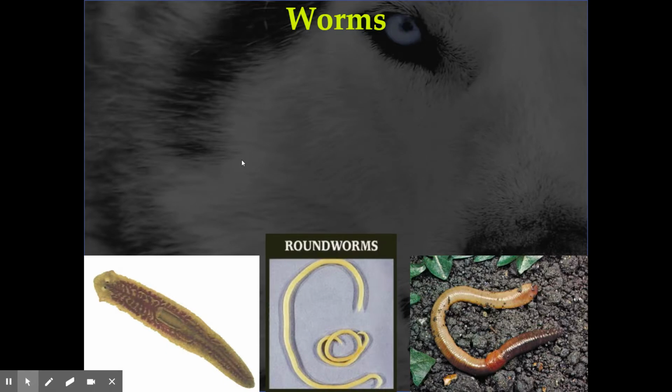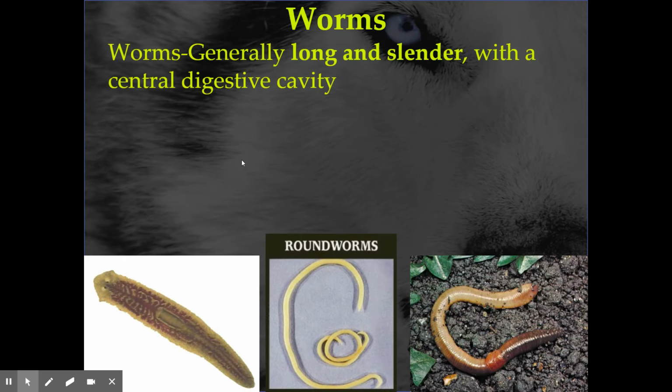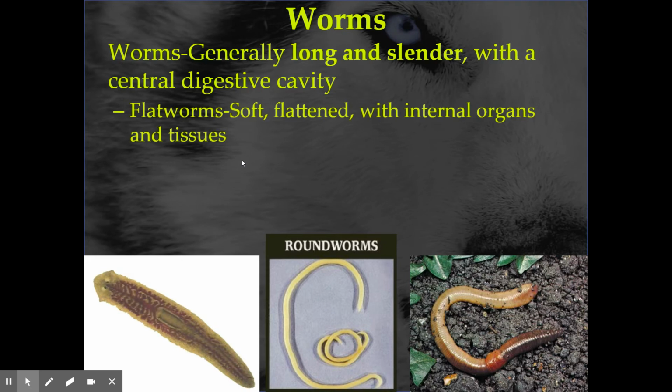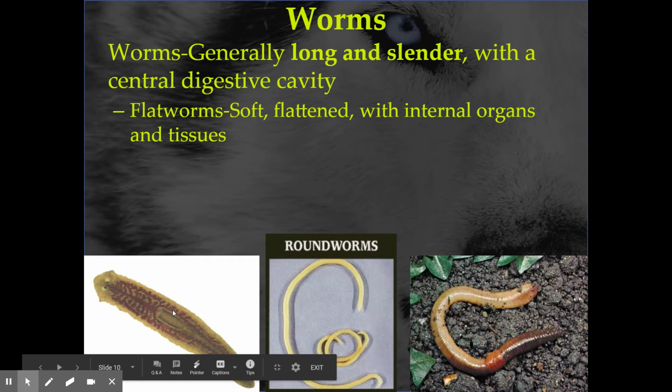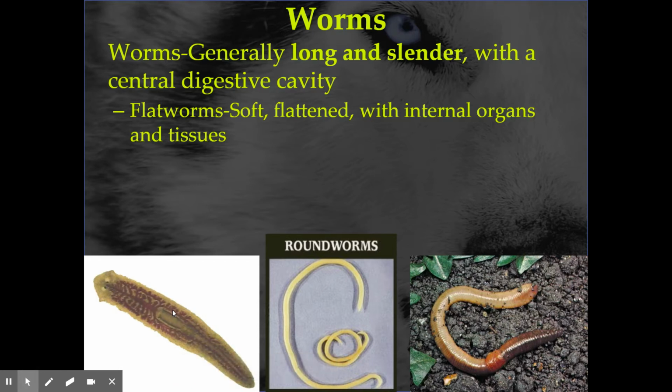Worms also do not have bones, so there's lots of different types of worms. Long, skinny is their way to go. They're a tube within a tube. Food goes in one end, out the other, and processed in the middle. There's different types of worms. There's flatworms, which, as the name sort of implies, are long and not round, but rather flattened.